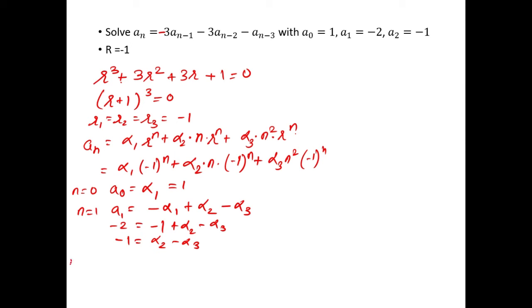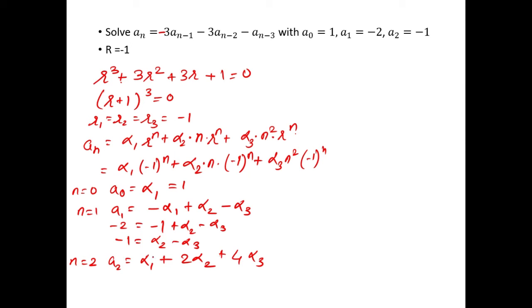So this becomes minus 1 is equal to alpha 2 minus alpha 3. Now at n equal to 2, the equation becomes a2 is equal to minus 1 raised to 2, so this will be square. So this becomes alpha 1 plus 2 alpha 2 into minus 1 square, plus 4 alpha 3.